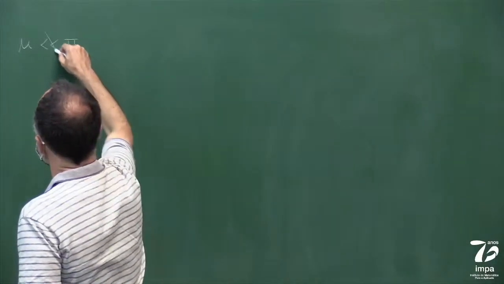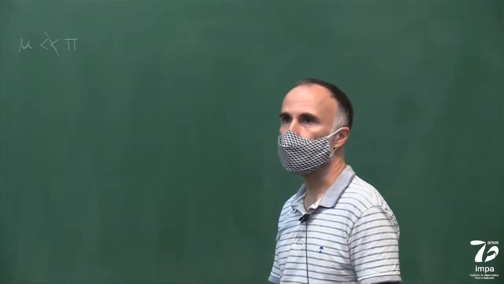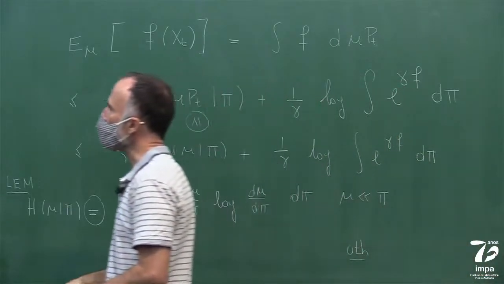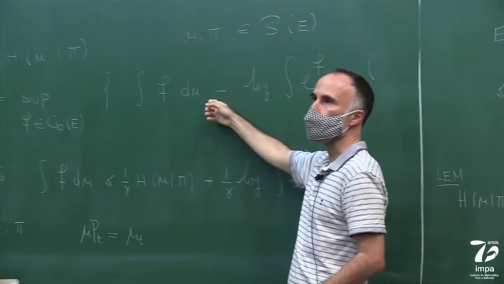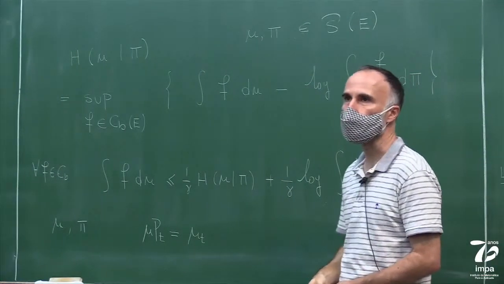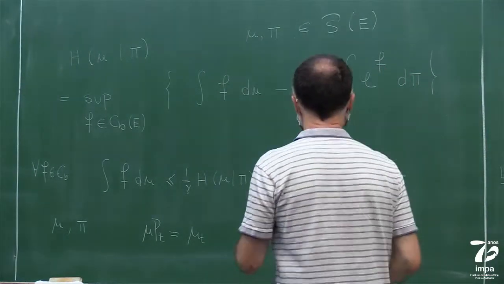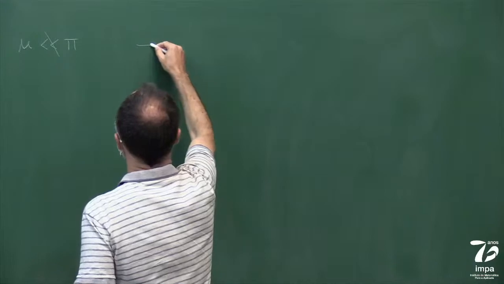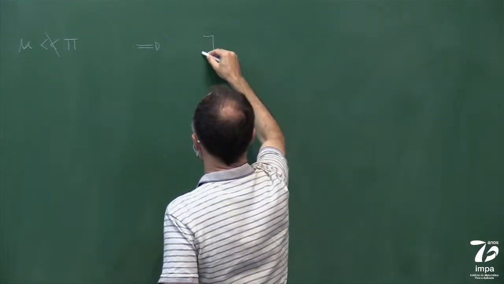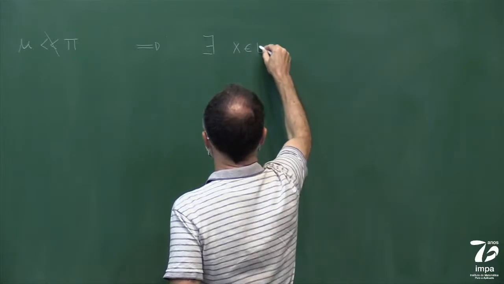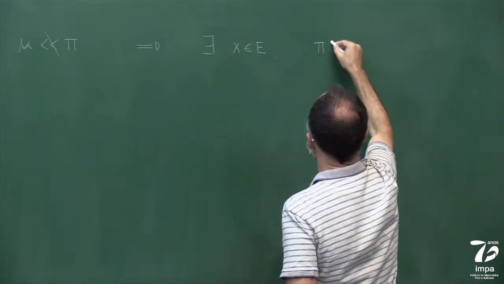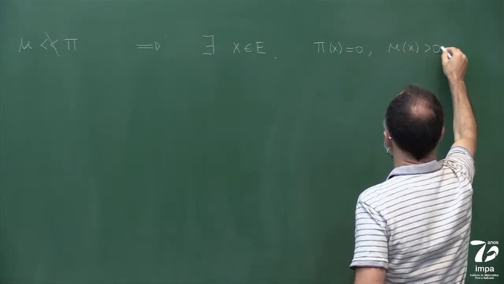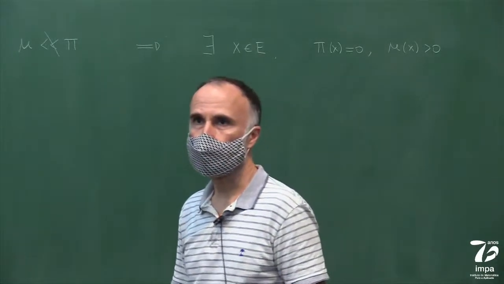So now let's assume that mu is not absolutely continuous with respect to pi. I want to prove that the entropy is equal to plus infinity, which means that I need to find a sequence of functions for which this supremum is equal to plus infinity. The idea is very simple. If mu is not absolutely continuous with respect to pi, this means that there exists a point x in E such that pi of x is equal to 0 and mu of x is strictly positive.